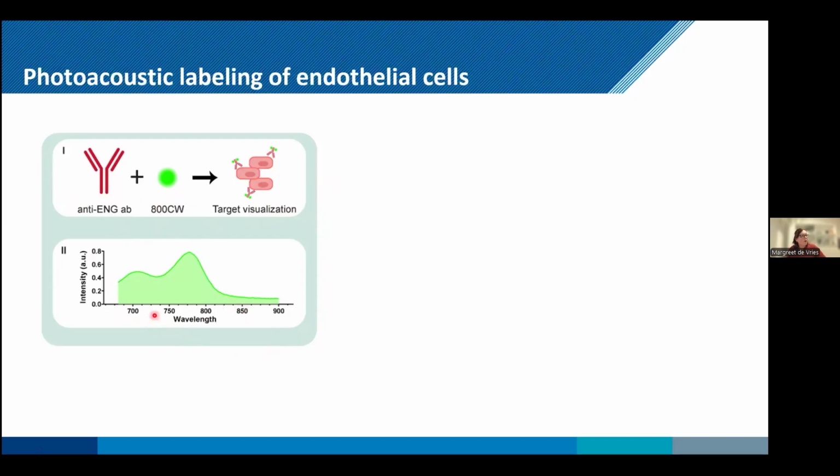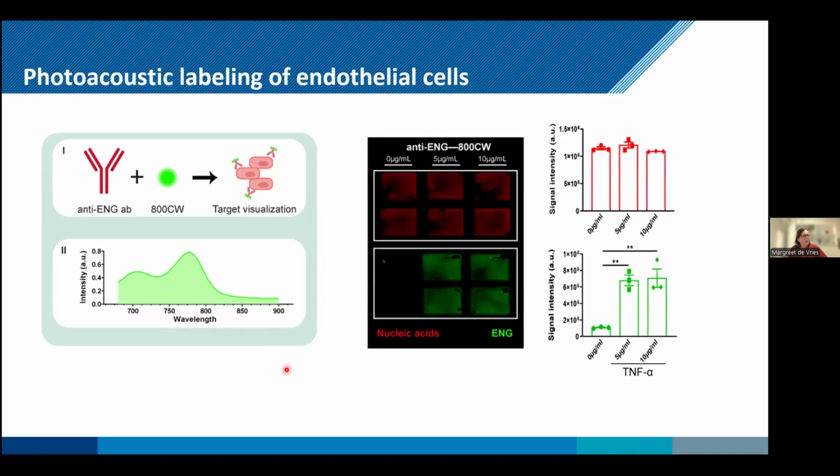So we first made a profile which we loaded into the FAVO system, and with that we tested this on endothelial cells, and in this case we incubated endothelial cells with TNF-alpha to make the endothelial cells more activated. And indeed, upon this TNF-alpha stimulation, we could see the labeling.